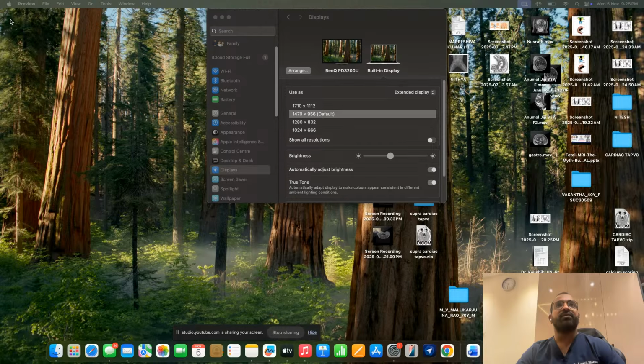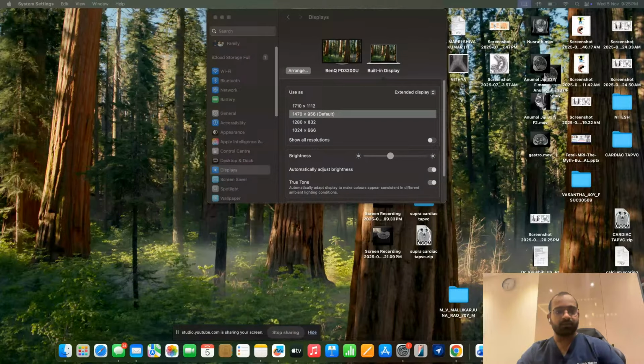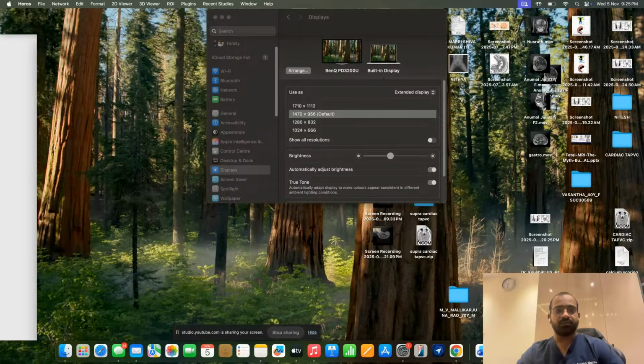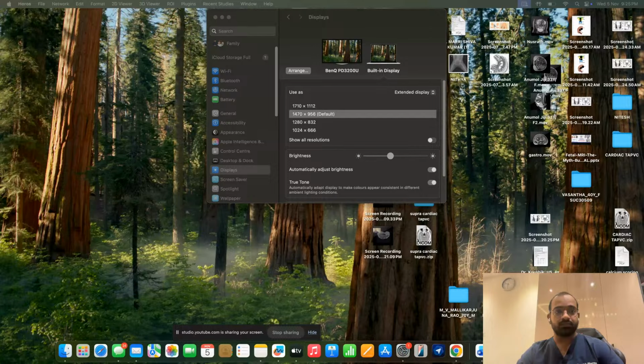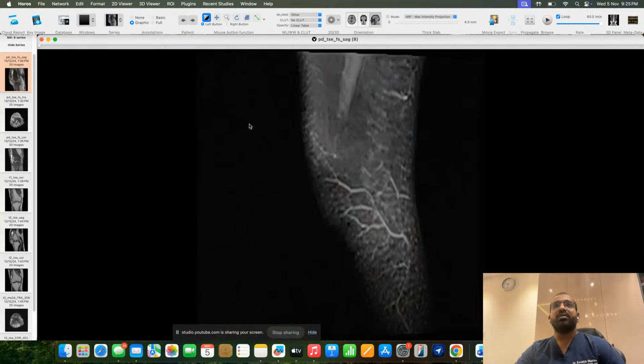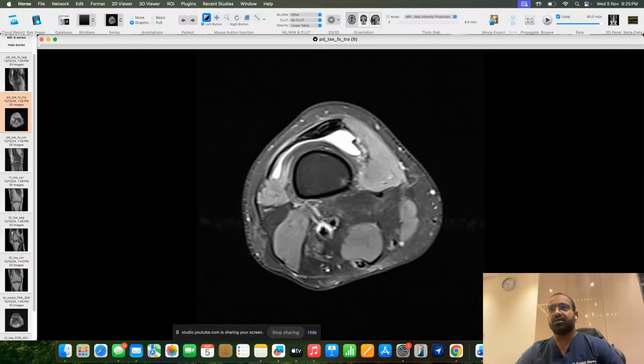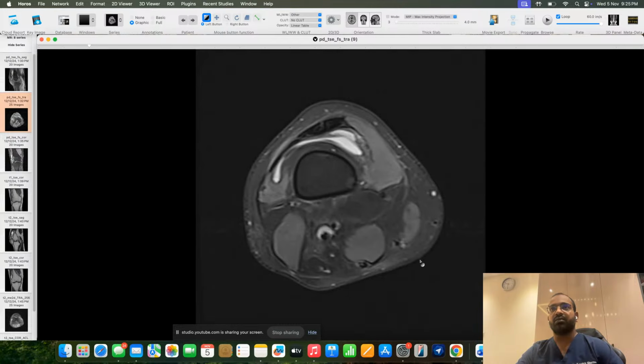Then I want to show you another case here. The knee joint. I'll just scroll through the images. Most of you know the diagnosis. Just tell me what it is.